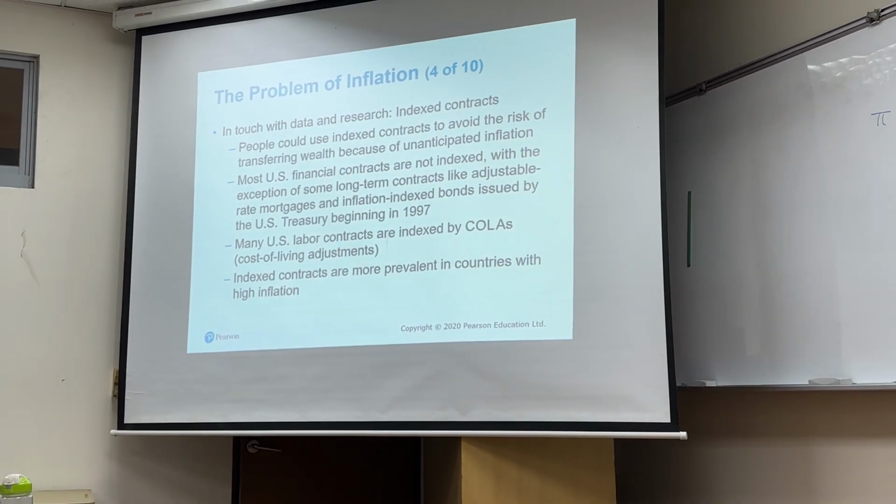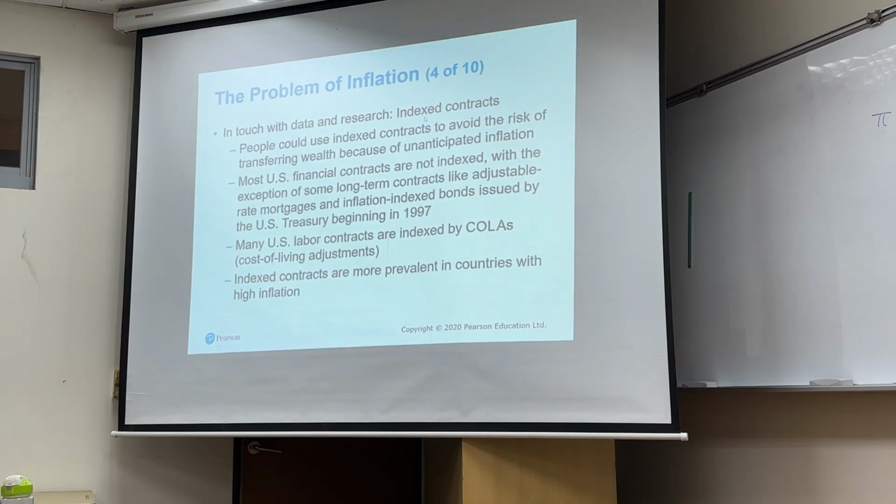The other one is the index contract. What does index contract mean? Let us say my contract with the school is how much I get paid each month. But suppose you are in an area with very high inflation. You will say the money you get paid will increase with inflation.